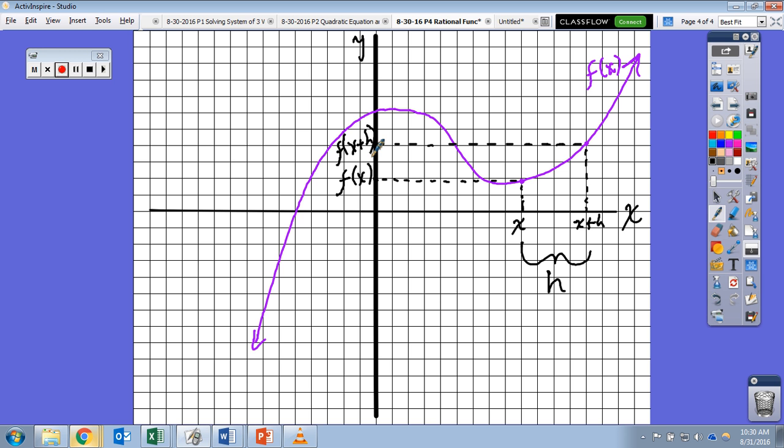Even in the graph, h is technically 4 units, and there, h is only 2 units. It's not saying add h to f of x, it's saying f of x plus h. There's nothing saying that, if this is a distance of 4, that this has to be a distance of 4.